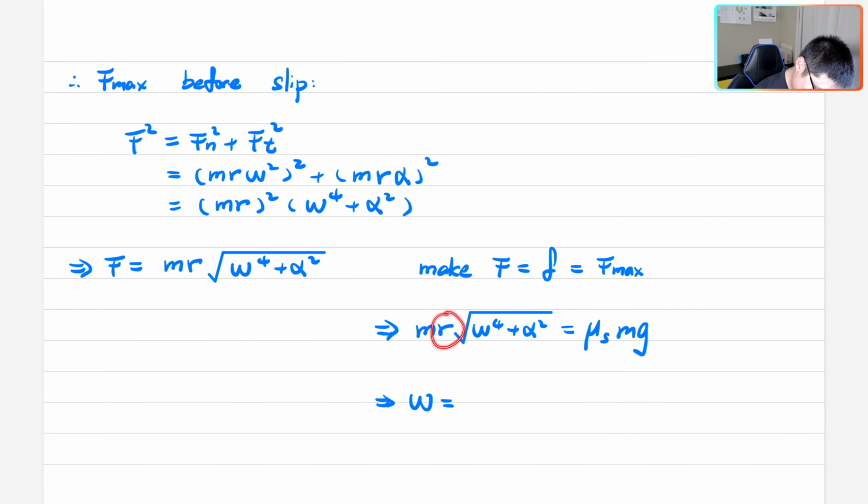We'll isolate omega on the left-hand side and put everything else on the right-hand side. I'll just keep the power of 4 on omega. There are no real numbers to plug in, so we'll keep it simple: mu s g over r, squared, minus alpha squared. This is your final answer.